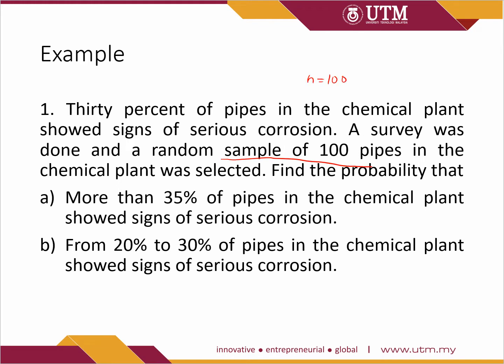Find the probability that more than 35% of pipes in the chemical plant showed signs of serious corrosion, and from 20% to 30% of pipes in the chemical plant showed signs of serious corrosion.